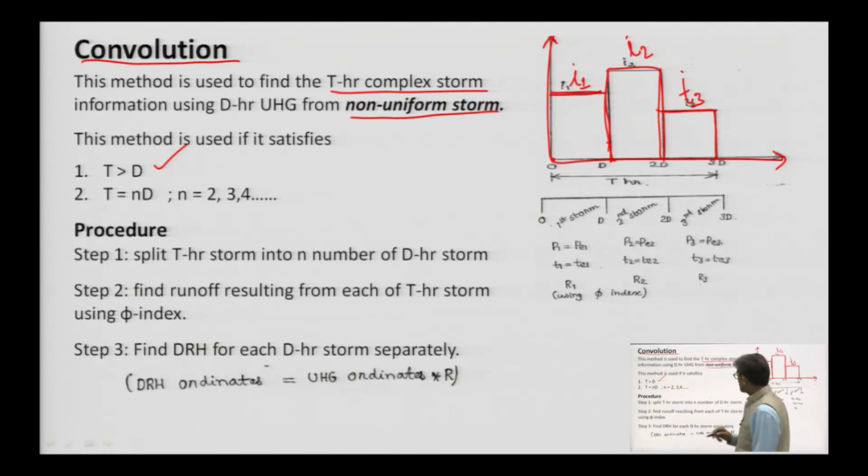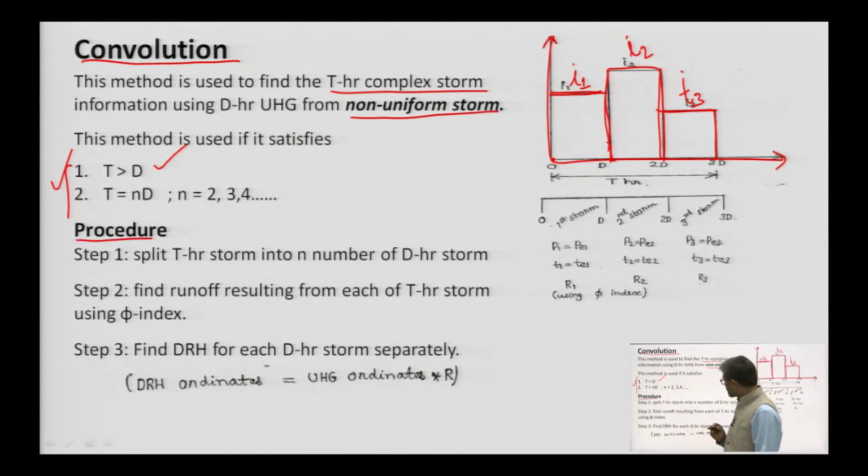If these two preconditions are satisfied, then we can use the method of convolution to get the TR complex system information. How can we do this? The procedure, step 1.